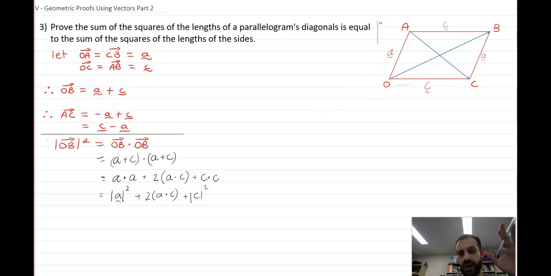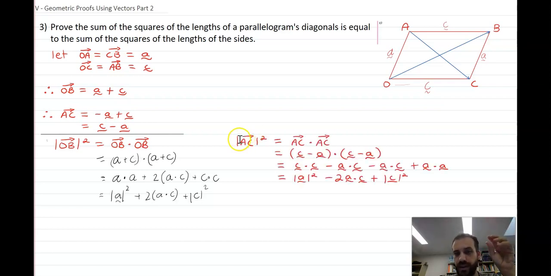That's only one of the diagonals. What about the other diagonal? Let's do that one. A very similar story for the other diagonal, AC squared. That's going to be AC dot AC. But remember that in the beginning we said that AC is equal to C minus A. So now we have C minus A dot product C minus A, which is going to be A squared minus 2A dot C plus C squared.